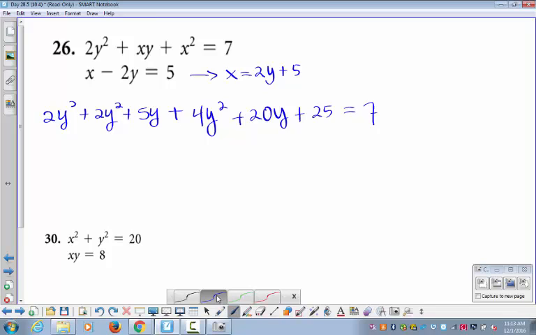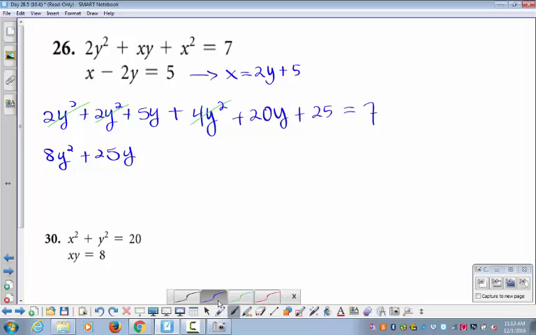We're going to follow that. All right, collect our y squareds. Looks like we have 8 y squareds. And 25y. And then subtract 7 to the left.